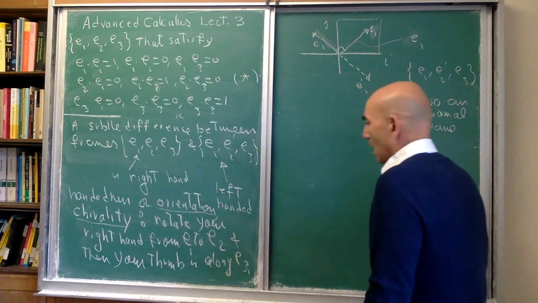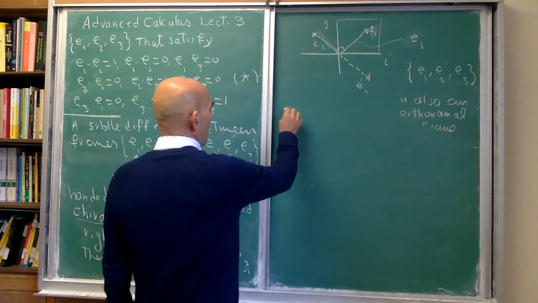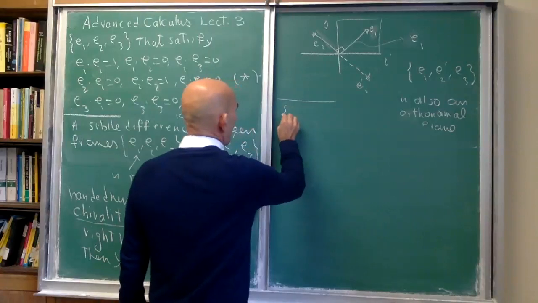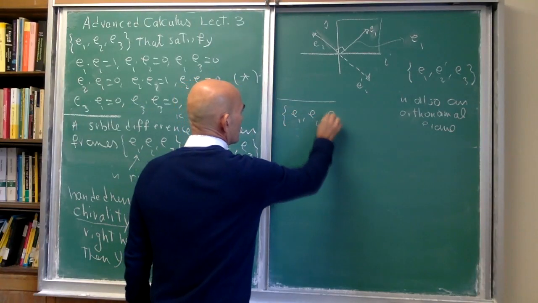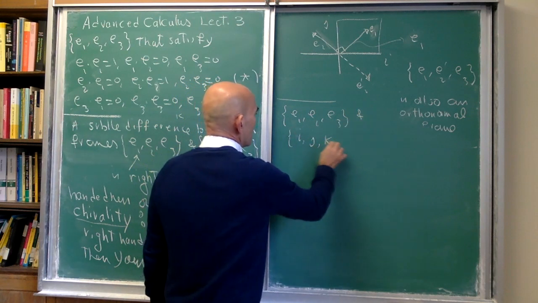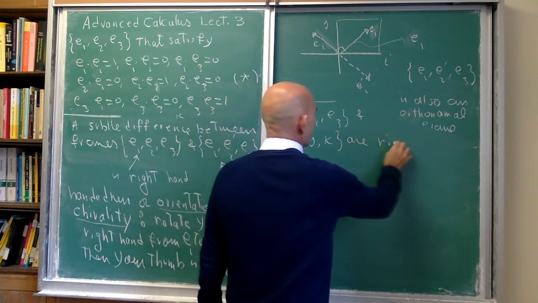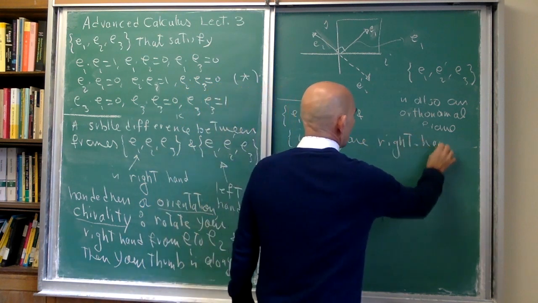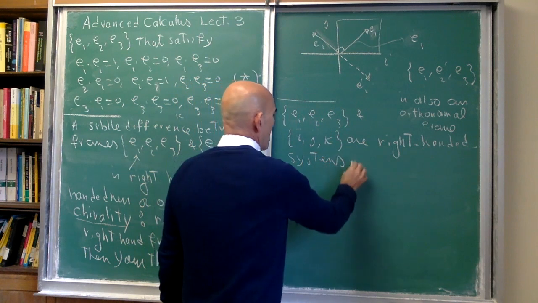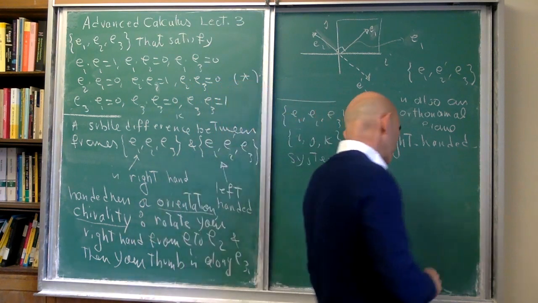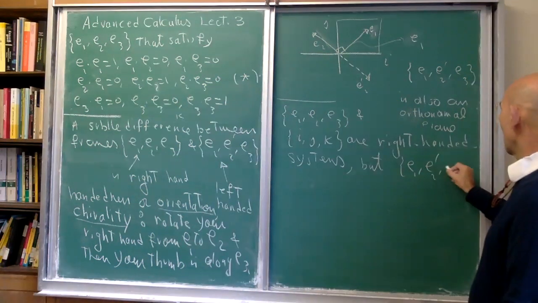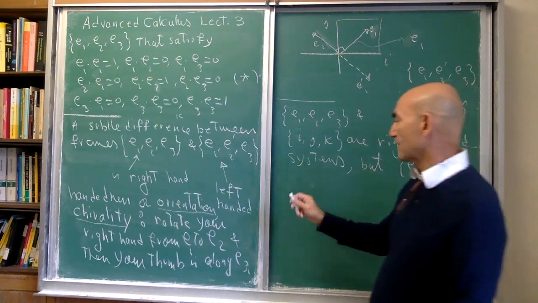So E1, E2, E3, and I, J, K are right-handed systems, but E1, E2 prime, as I defined it over there, and E3 is left-handed.